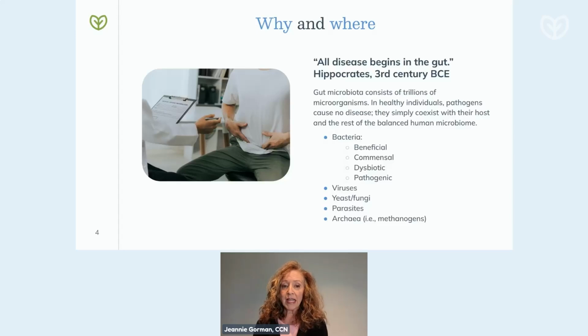So the why and the where of it is that, of course, you've heard that quote from Hippocrates saying that all disease begins in the gut.